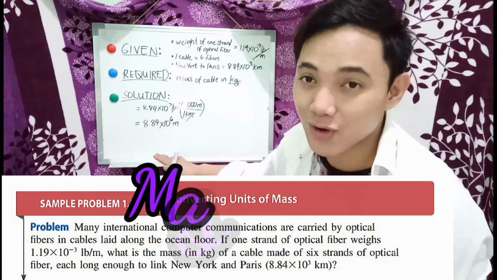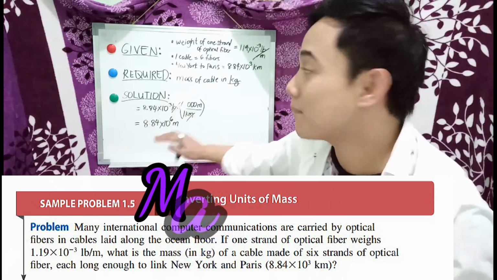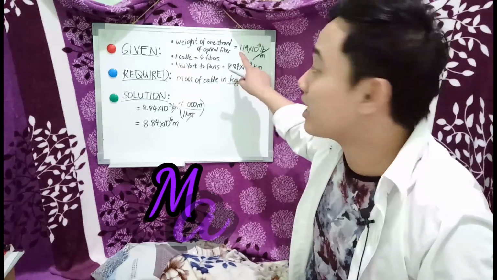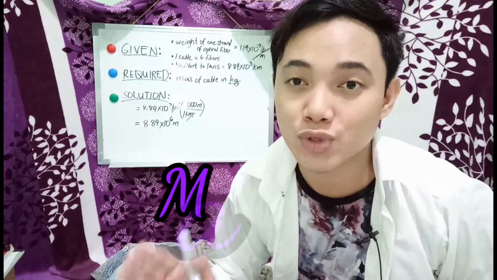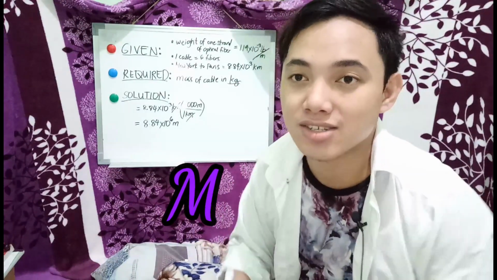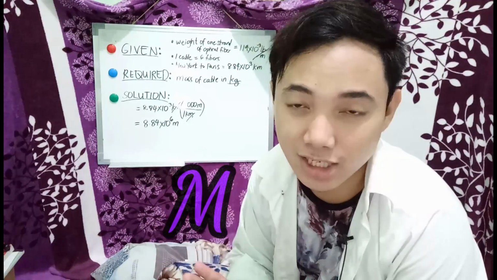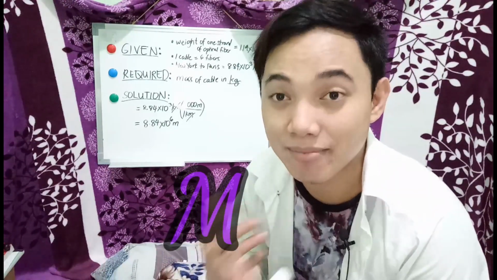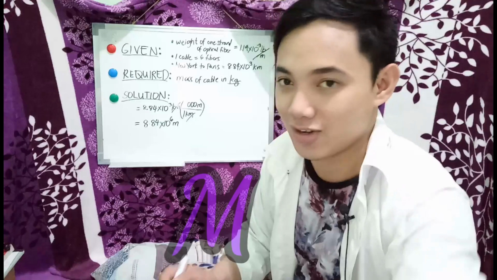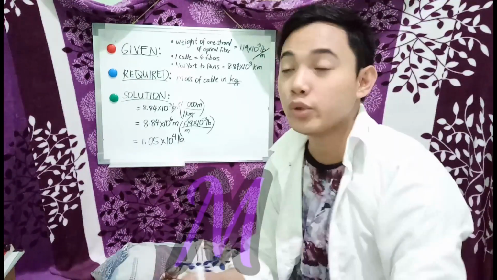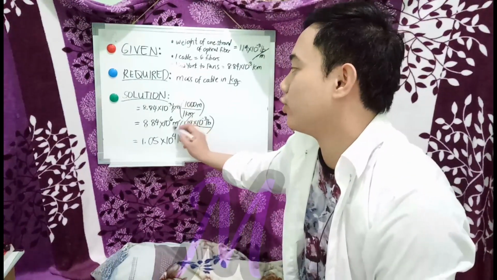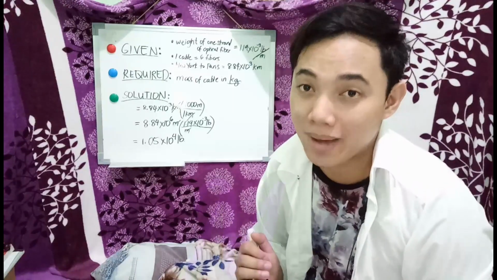So, itong sagot na to, gagamitin natin siya para dito sa given na 1.19 times 10 raised to the power of negative 3 pounds per meter. Para ma-cancel out natin yung meter, kailangan matitira yung pound. While doing the calculation, maka-cancel out yung meter and meter. So, matitira is yung pound.